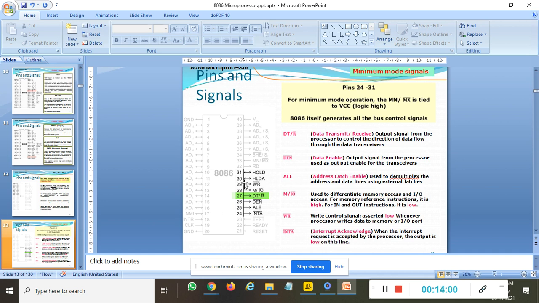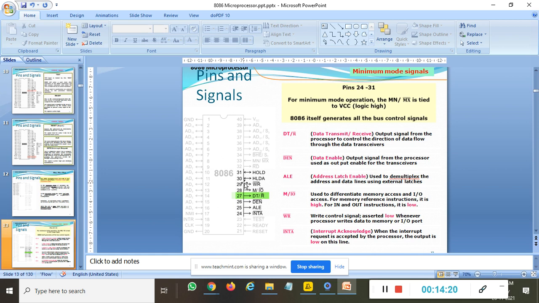Next one is ALE. You all know about the ALE function. What is the function of ALE? It is the address latch enable, and it is used to demultiplex the address and data lines using external latches.